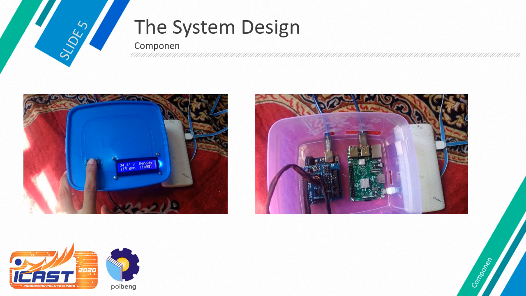The LCD will display the value of heart rate and body temperature along with the condition. To display data on the website, here we are using the VNC viewer as a remote controller to turn on the Python.